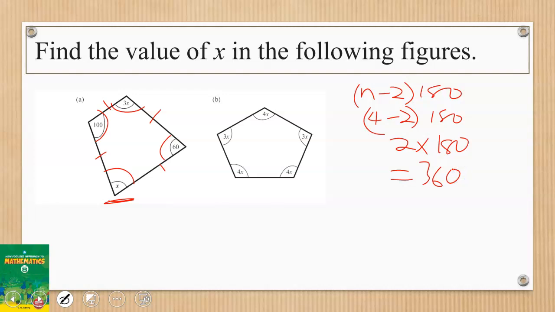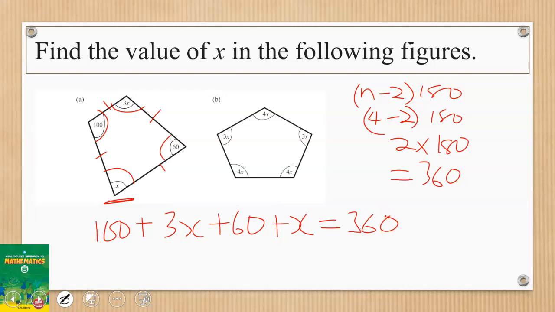Beautiful. That means the sum of all the angles, 100 plus 3x plus 60 plus x, should give us 360. That is what we know, right? So if all is 360, then we can make x the subject. This plus this gives us 4x. This plus this gives us 160. Then everything equals 360.